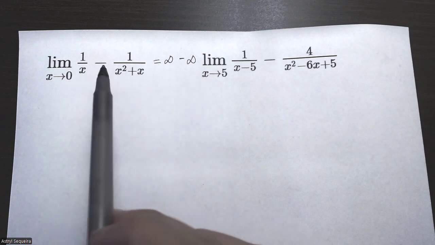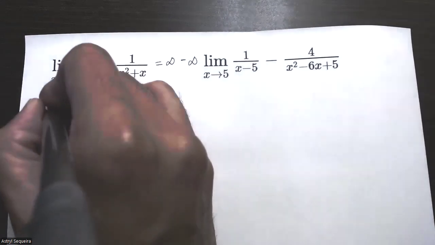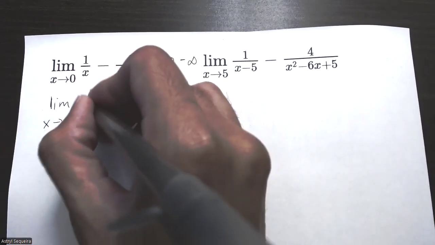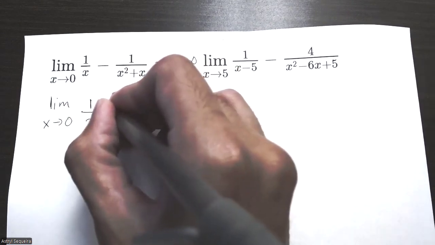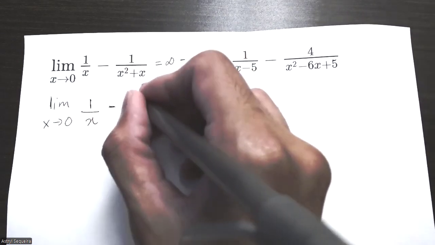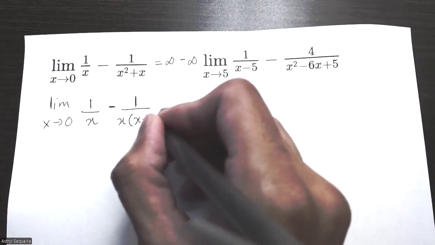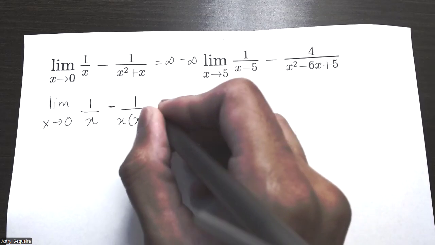When you have quadratic equations, the first thing you want to do is factor. So I can't factor this first fraction over here, but this second fraction, I can factor a common factor in x, and I'm left with x plus 1.